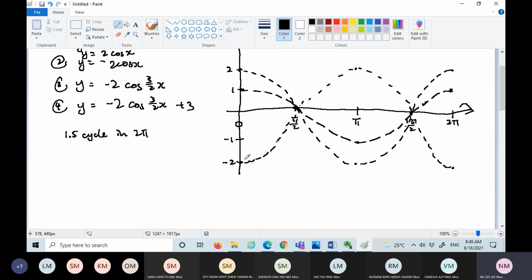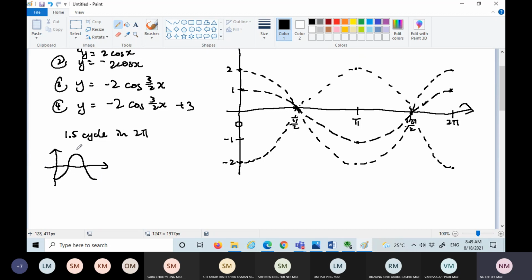You see this way, this is the 1 cycle. I try to sketch out here from down, come up, come down. This is the axis. This one we call 1 cycle.